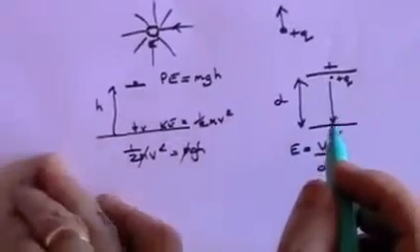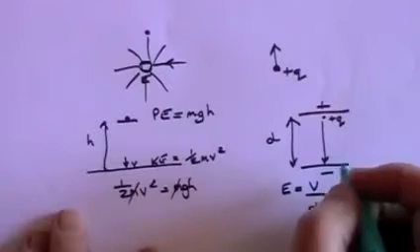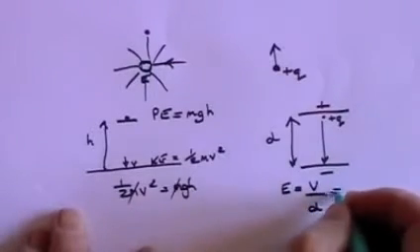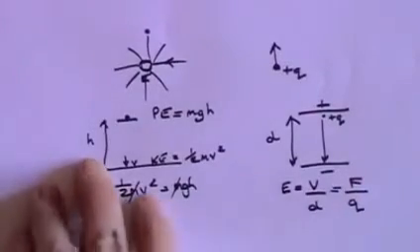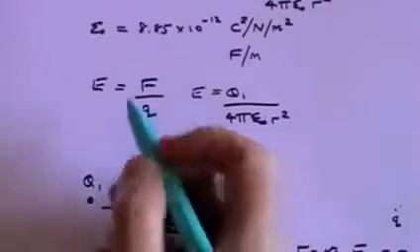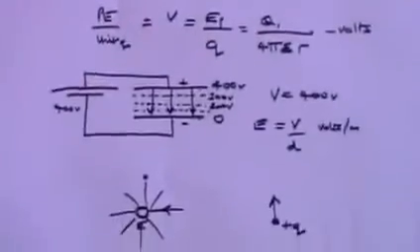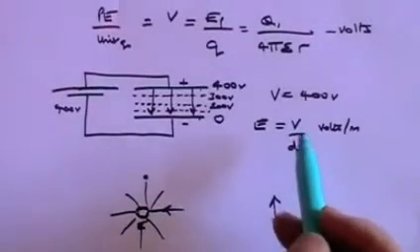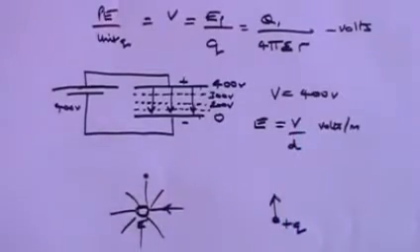That's what we showed up here. But we also know that that equals force divided by charge, because that's how we defined it. Let's see if we can find that. Here it is. The electric field is the force divided by charge. And here the electric field is the volts divided by distance, or the potential divided by distance.